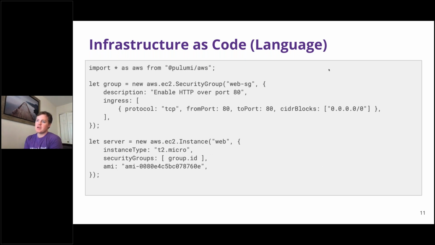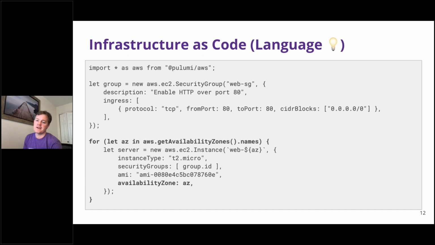With Pulumi, that we're going to be talking about today, we take the same model of having a resource model for the cloud, but we expose it to programming languages, like Python, TypeScript, C# or Go. In this example, we have some TypeScript code that constructs the same resources, an EC2 security group and an EC2 instance, and lets us work with those and define the properties of those resources within our code, but we're still building the cloud infrastructure.